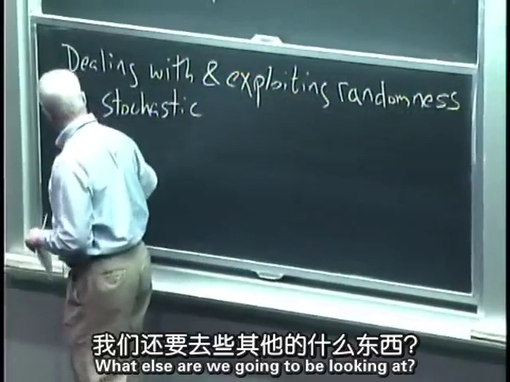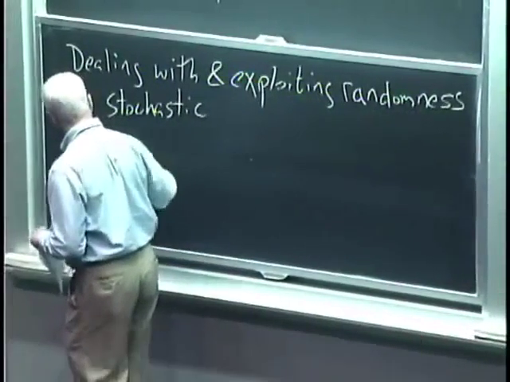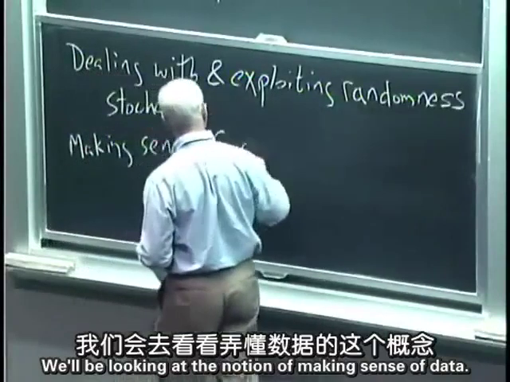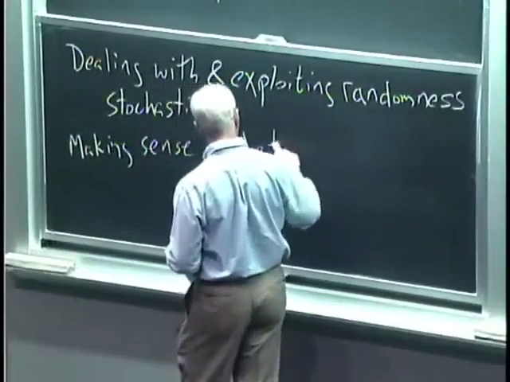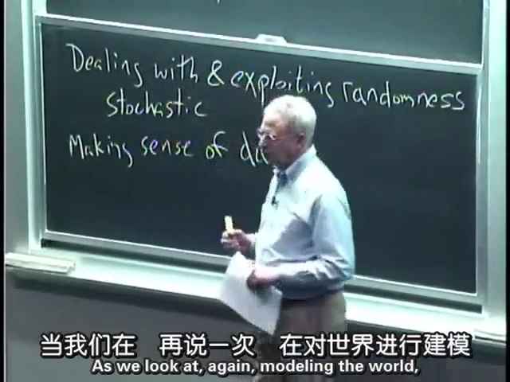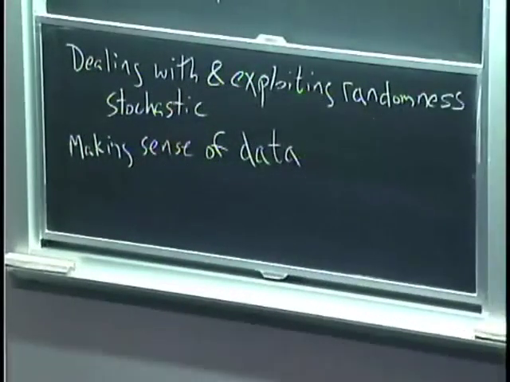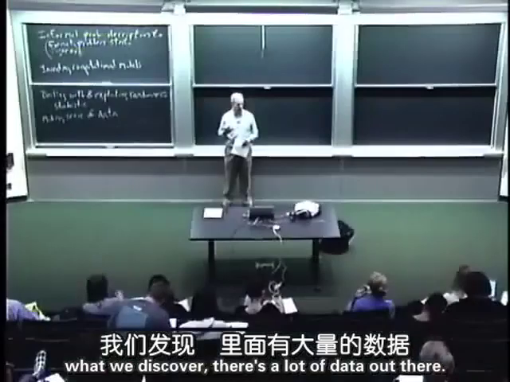What else are we going to be looking at? We'll be looking at the notion of making sense of data. As we look at, again, modeling the world, what we discover is there's a lot of data out there.